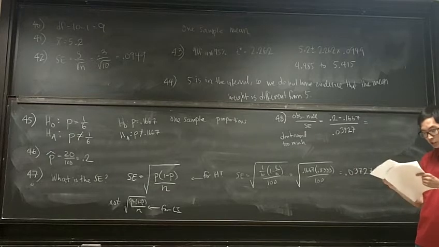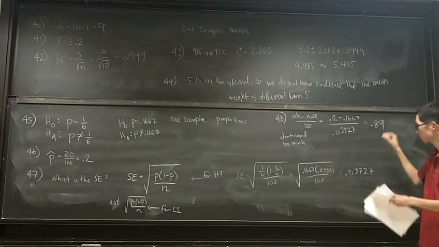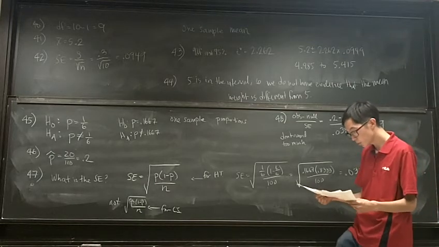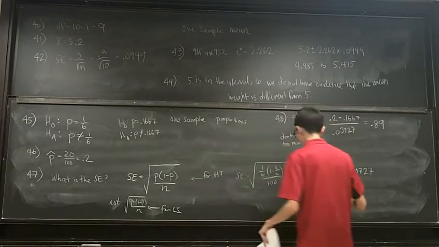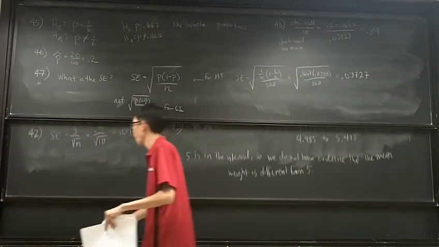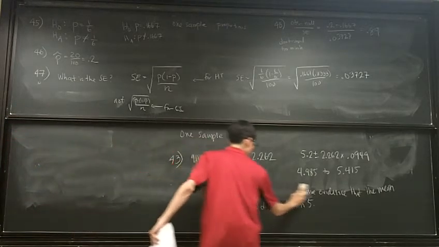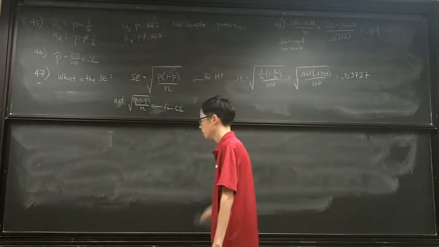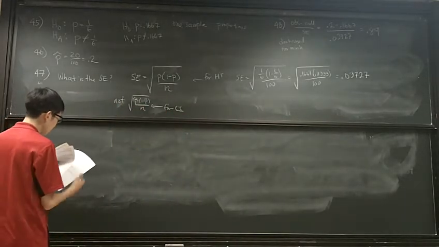When you do this, you get a test statistic of 0.89. So when we look up 0.89, our p-value, you can either look up 0.89 and then find the tail by doing 1 minus that and doubling it, or you can look up negative 0.89 and find the area in the tail.